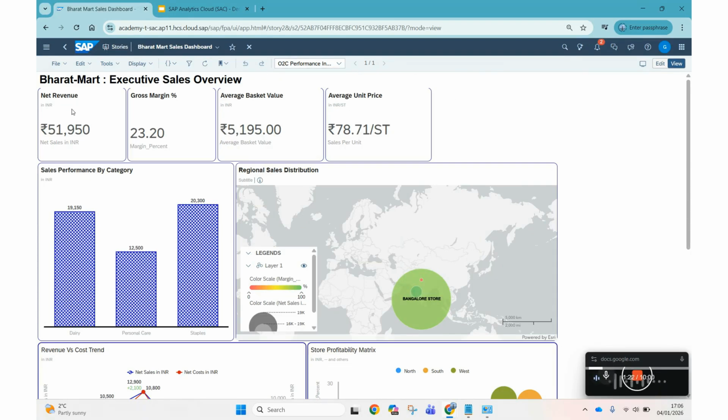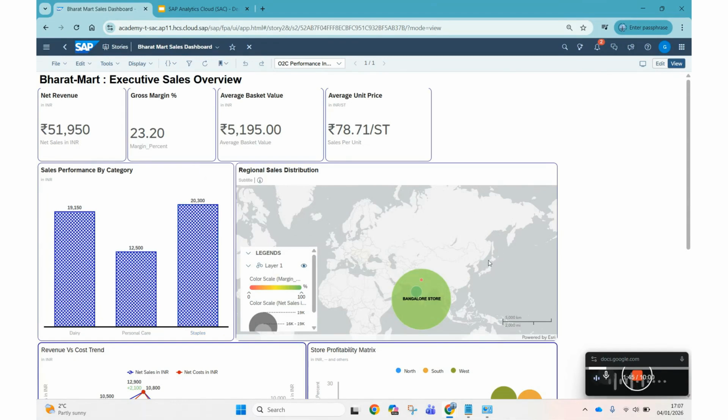On top, you see the most important key performance indicators like the net revenue, the gross margin percentage, the average basket value, as well as the average unit price. Here, you see the different categories of the products that are sold by Bharat Mart: dairy, personal care, and staples. And clearly, staples is driving revenue.